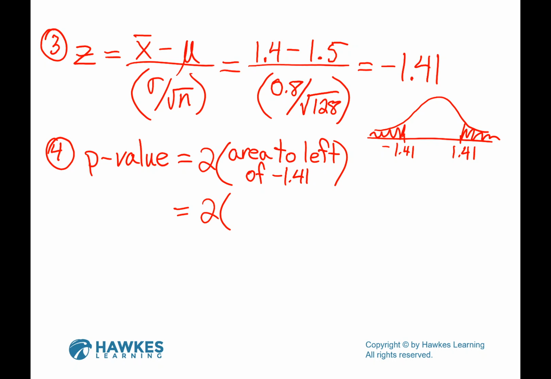So if we look up negative 1.41, we get 0.0793. So my p-value on this hypothesis test is 0.1586.